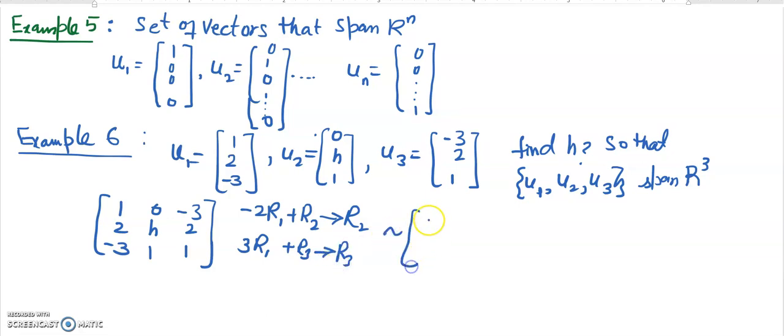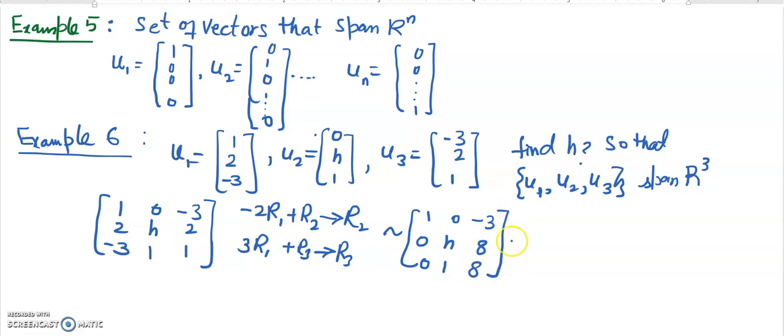So it will be 1, 0, -3, and then 0, h, 6 plus 2 is 8, and then 0, 1, and then -9 plus 1 is -8.